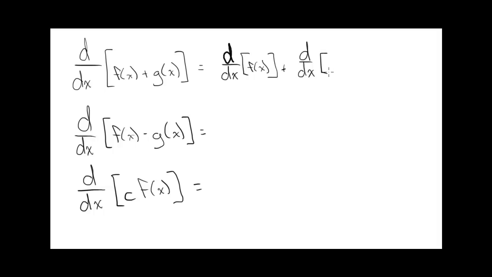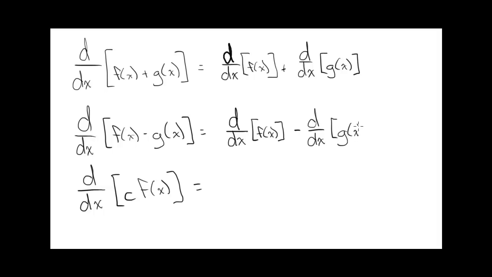I'll prove that one in another video too. It's almost not necessary to prove, because it follows directly from some of your limit laws. One of our limit laws said the limit of a sum is equal to the sum of the limits. Well, it works for derivatives for the exact same reason, because a derivative is really just a limit. The same works for differences.